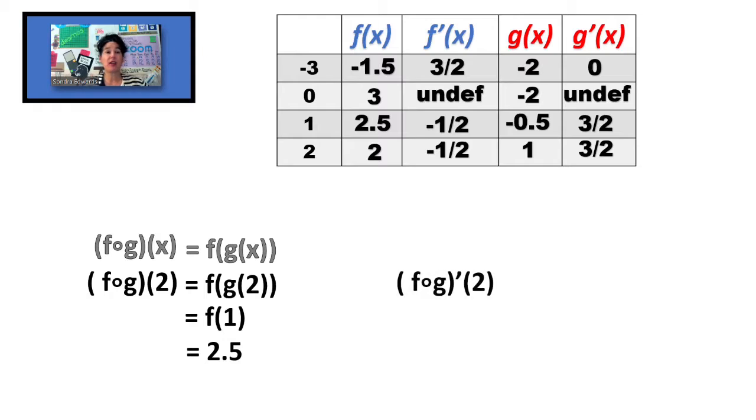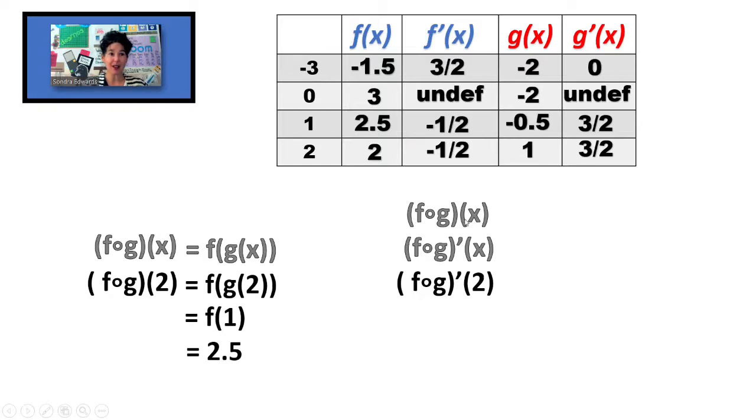Now let's evaluate the composition f comp g's derivative evaluated at 2. That came from the composition's derivative of x. Now what does that really mean? Okay, that derivative was the derivative of f comp g of x.